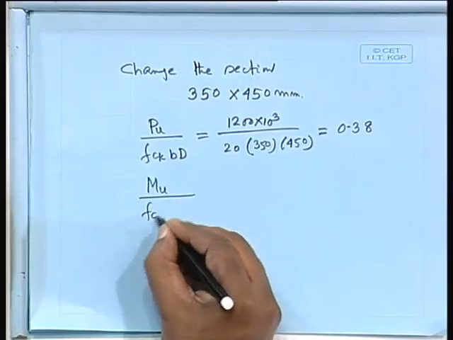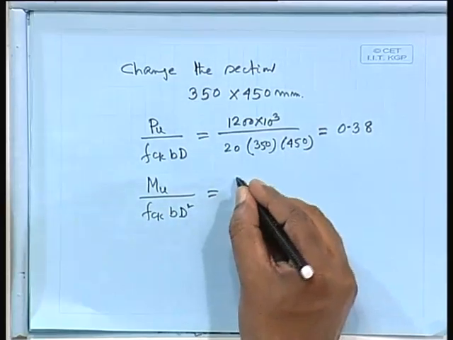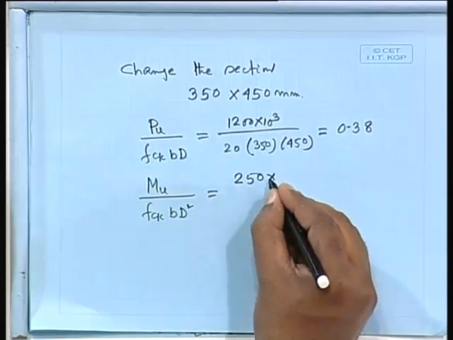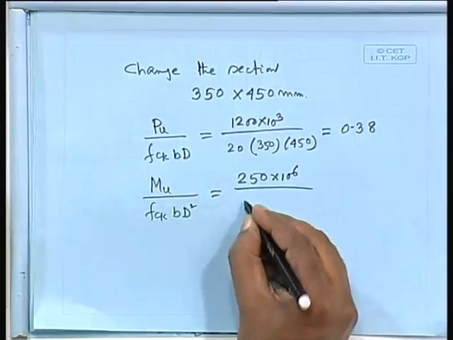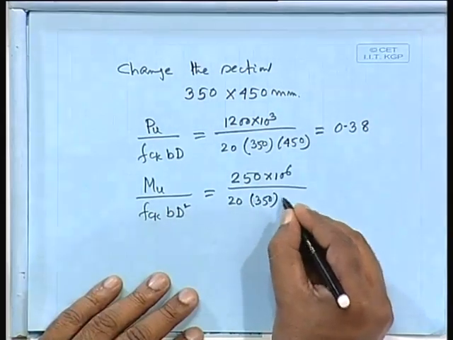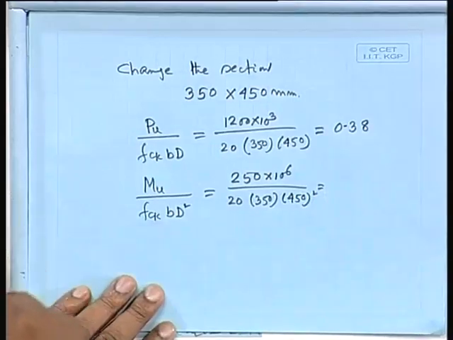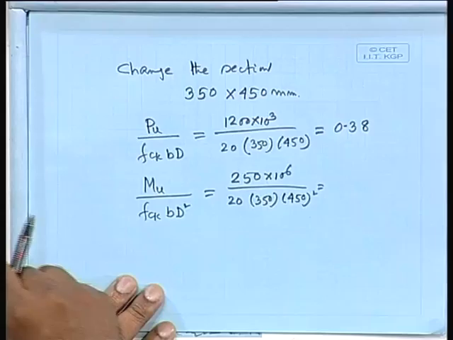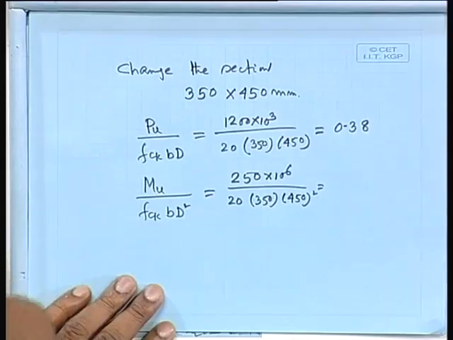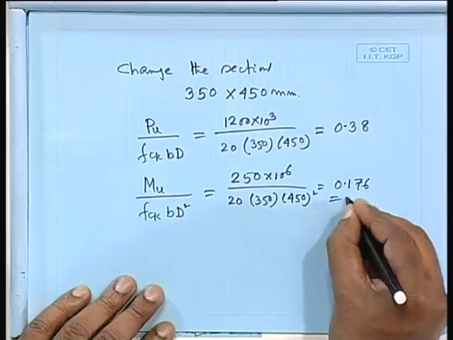Mu by fck b d square, which comes as 0.176, let us say 0.18.